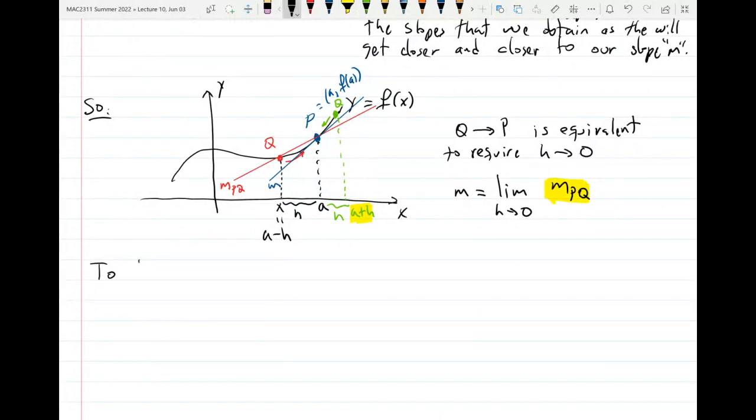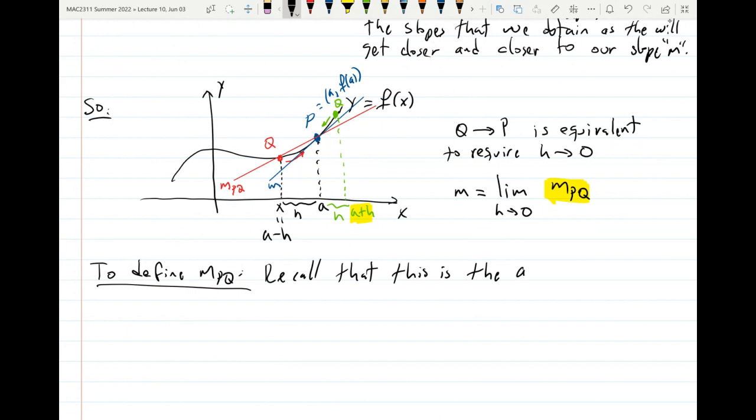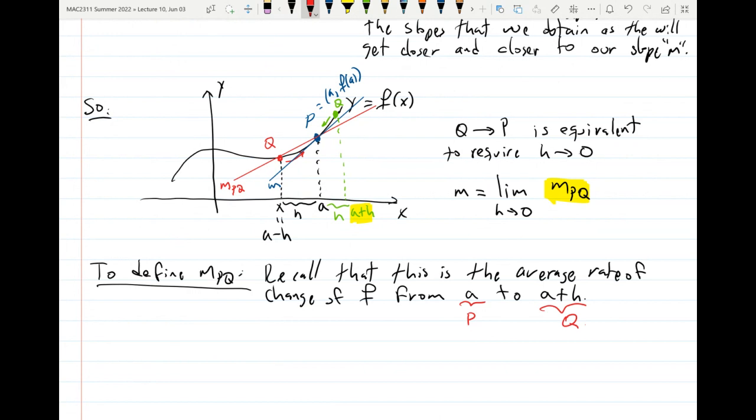So to make sense of m_PQ, just recall that this is the average rate of change of f from the point a to the point a plus h, because remember, a stands for P and a plus h stands for the point Q. Once again, I'm putting a plus h because if h is positive or negative, it will tell you whether we are in the green or in the red situation.